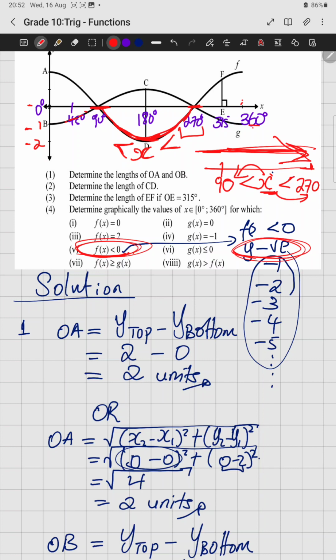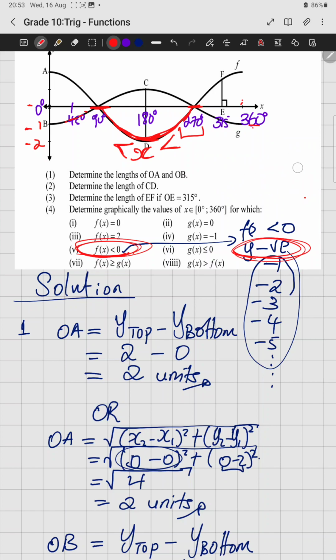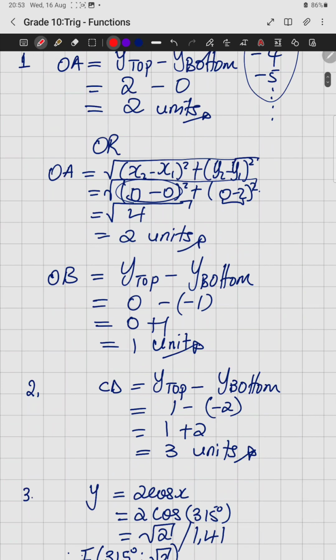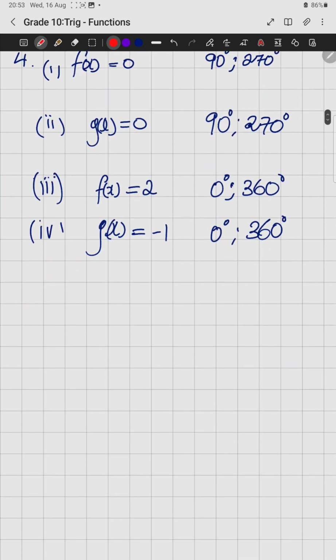So you just put x right in the middle, and then you write the answer. Number 5 must be when f of x is less than 0. So x is greater than 90 degrees, and x is less than 270 degrees.